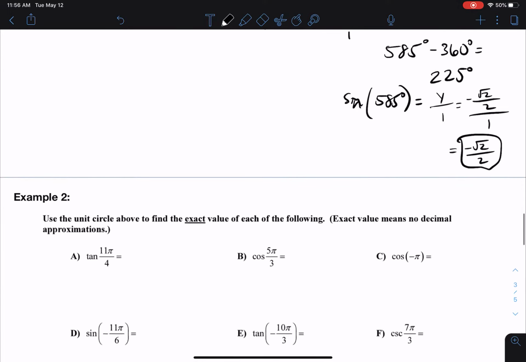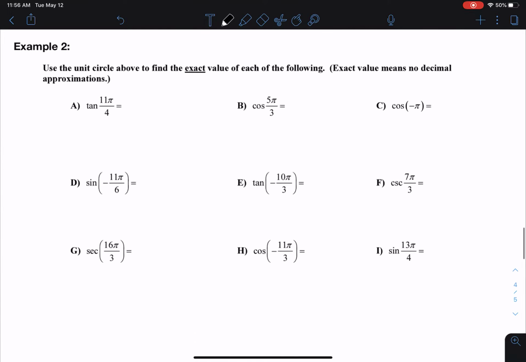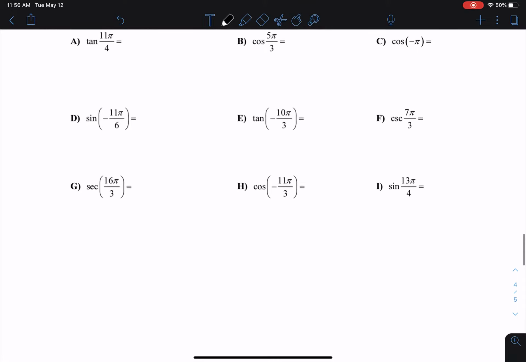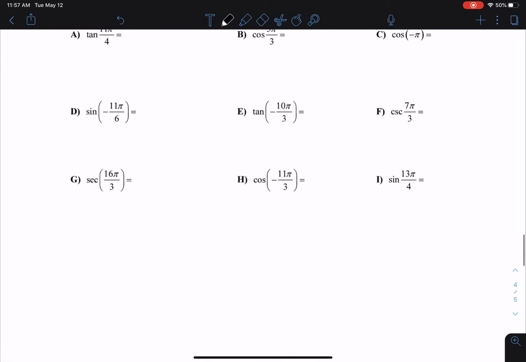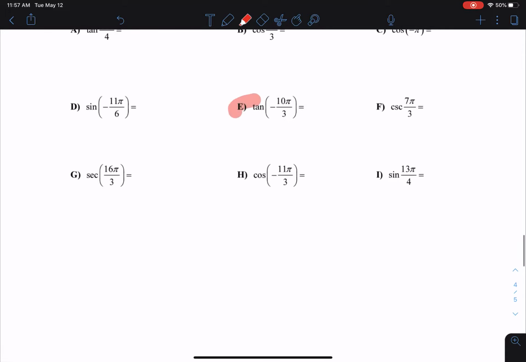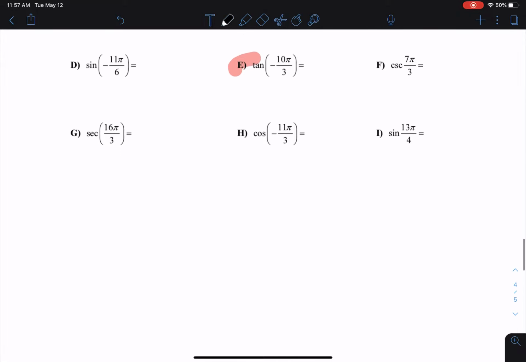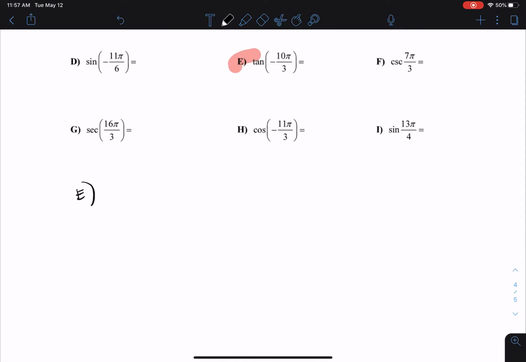Let's see if we can find another one. Here's one, letter E. It's a negative and it's above 360. So the first thing I'm going to do is convert this to degrees.